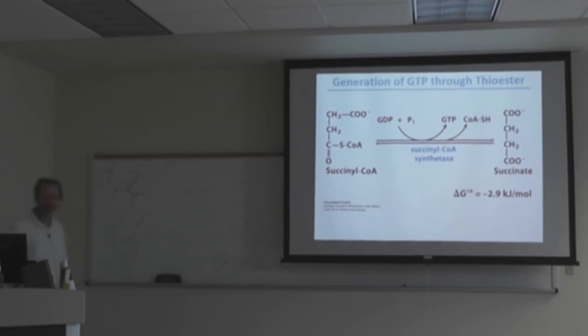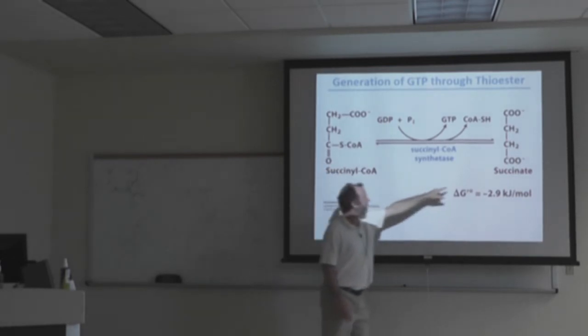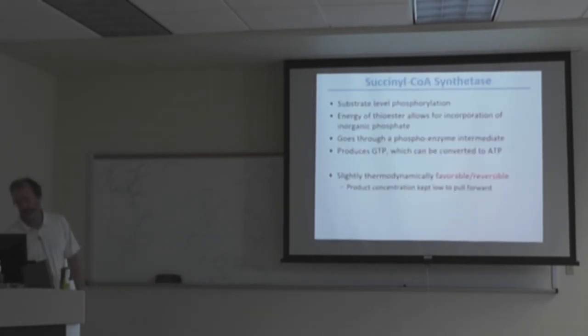So the next enzyme, succinyl-CoA synthase, generates GTP, a high-energy phosphate compound, from the thioester bond of the succinyl-CoA, and generates succinate. And this is substrate level phosphorylation, which is different than oxidative phosphorylation that we get at the inner mitochondrial membrane.